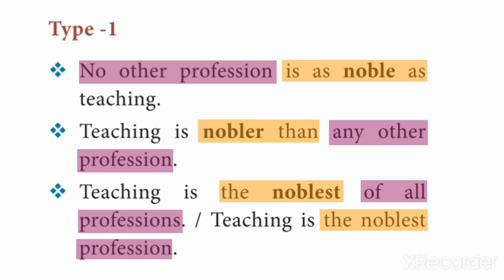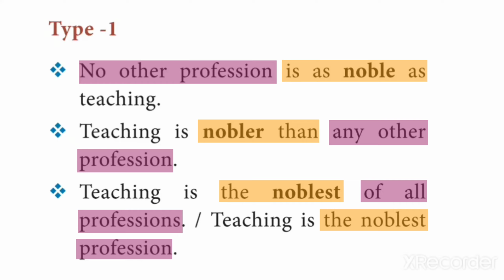The things you need to listen to or observe here in this type are, see, the positive degree starts with no other followed by a singular noun and by a singular verb. Then, since the verb is positive, the combination is as, positive adjective, followed by as.